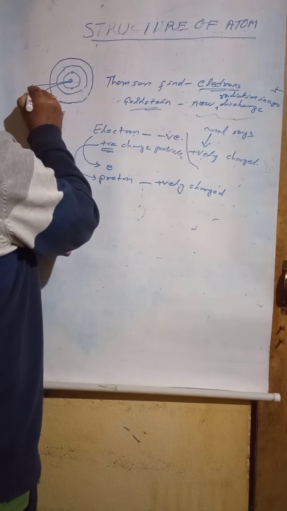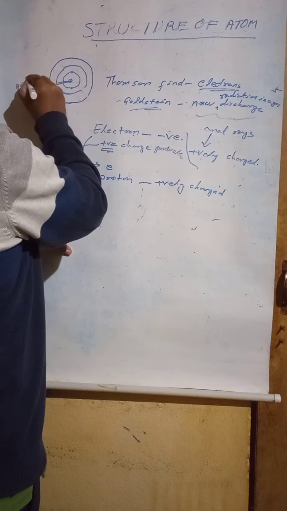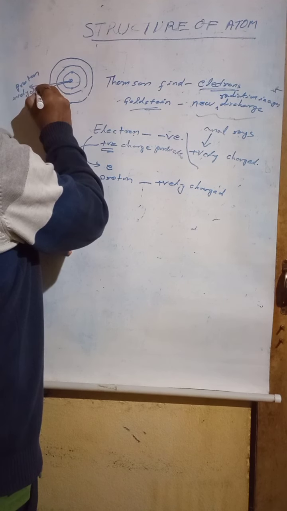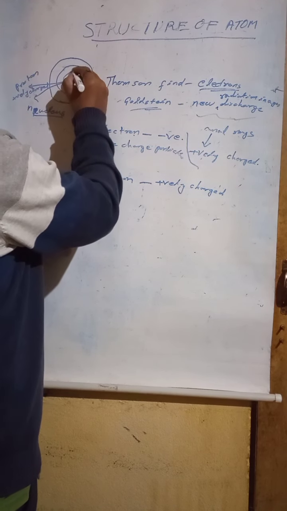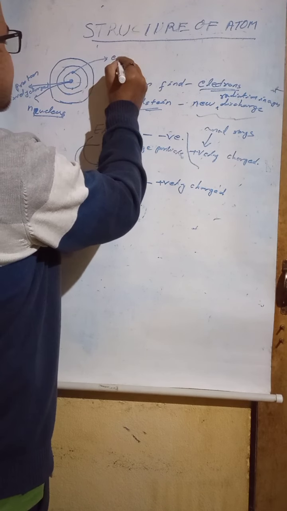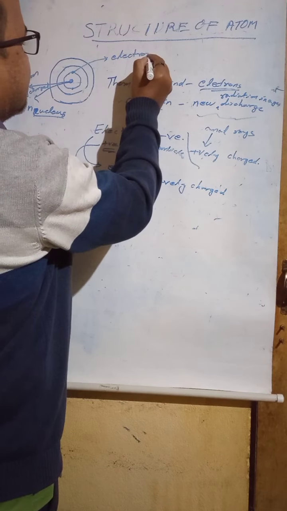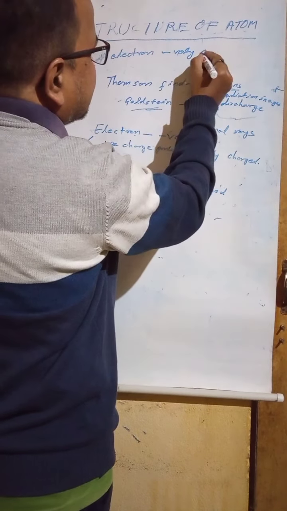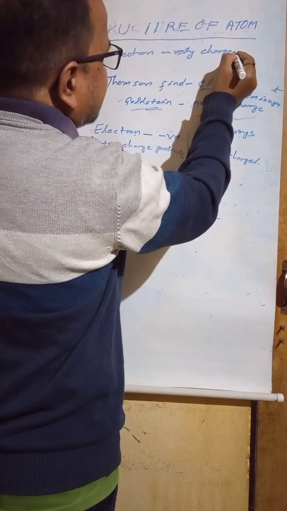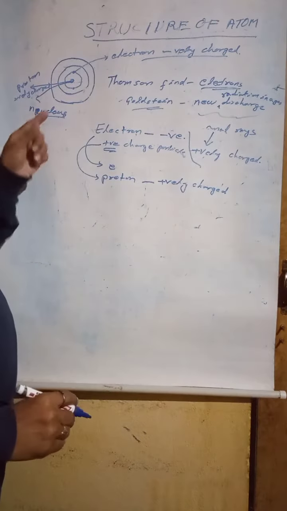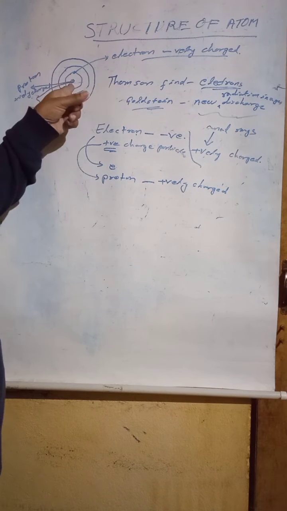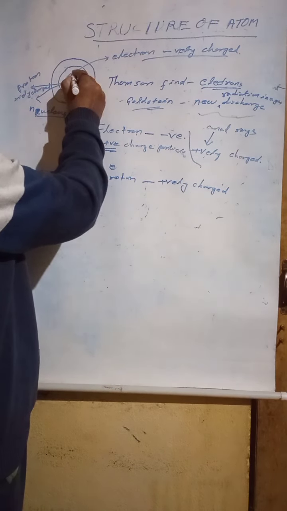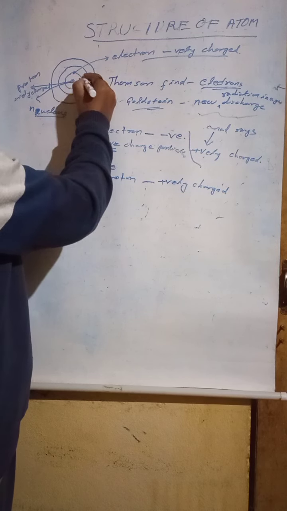The nucleus is nothing but protons, positively charged, and these are the electrons, negatively charged. So around this nucleus of positively charged protons, the negatively charged electrons rotate continuously in a path.